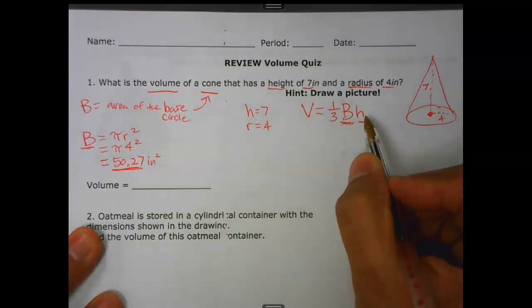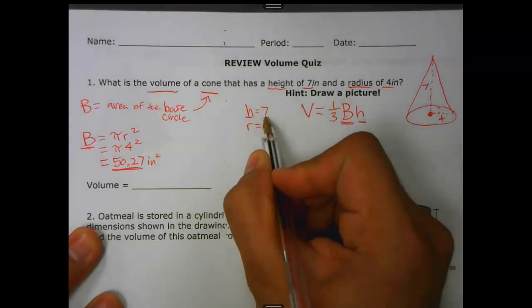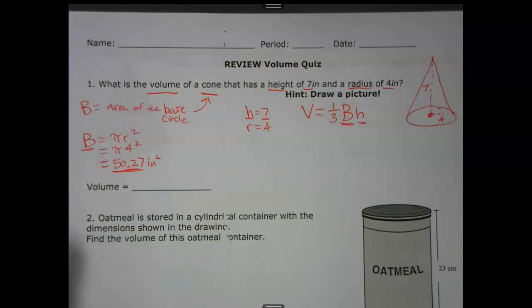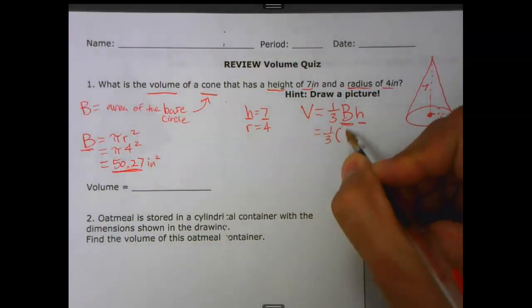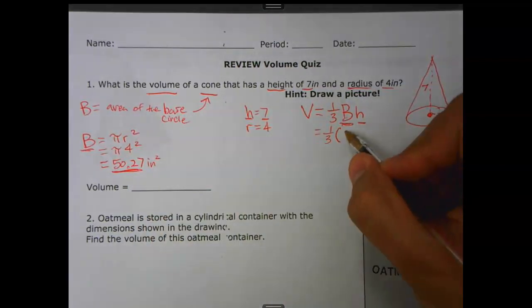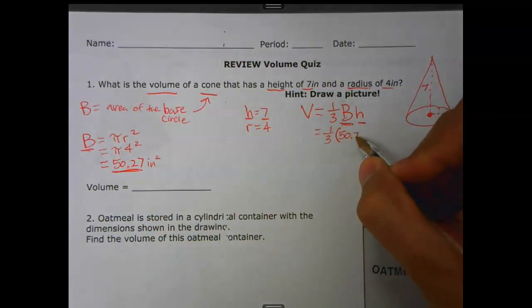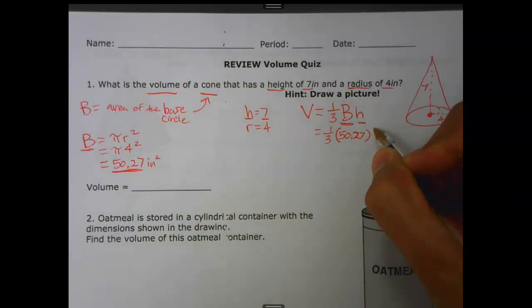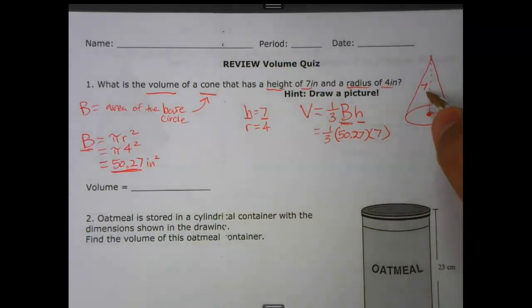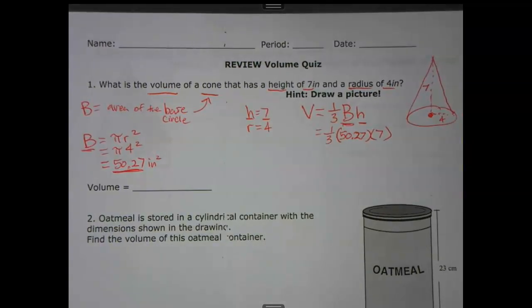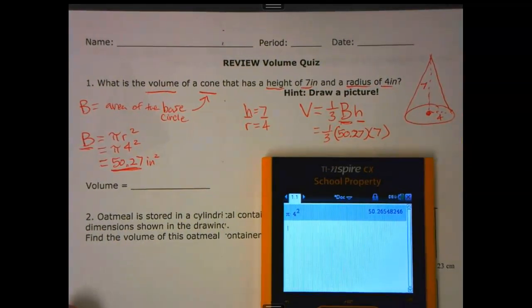Do I know H? Yes, H is 7. So all I have to do now is plug into this formula: 1/3 times big B, which is 50.27, times H, which is 7. You can see it in the picture too. So can we type in 1/3 times 50.27 times 7?